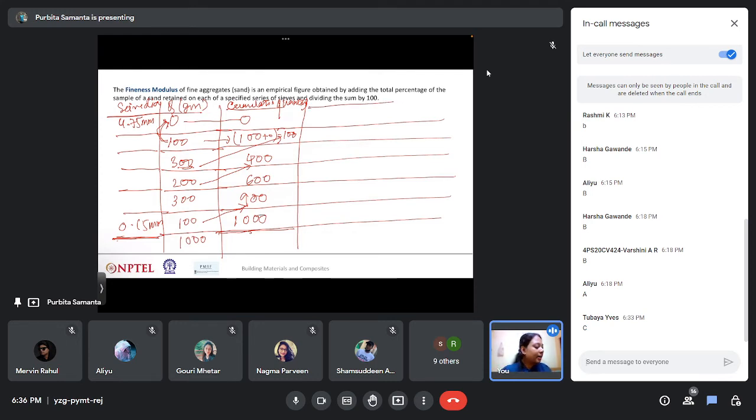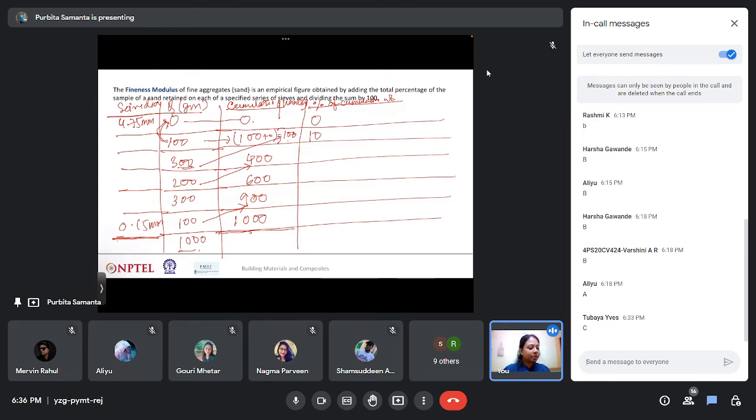Now we will find the percentage of cumulative weight retained. So 0 of 1000 gives 0 only. Now 100 grams of the 1000 grams, how much do we get?